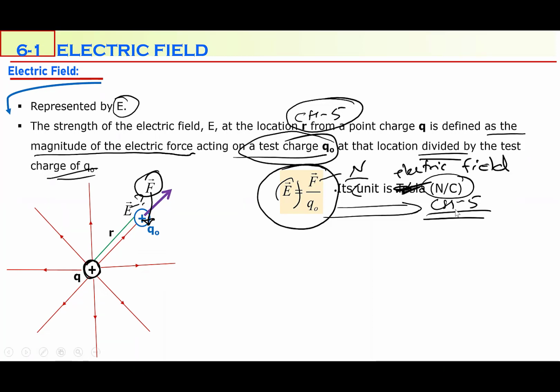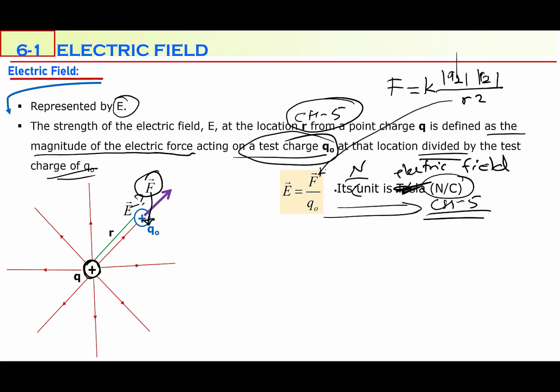If I insert the equation of F into this equation, F is equal to, we just learned that, K Q1 Q2 divided by r squared. If I insert this equation for F, then I will get one more equation for the electric field.